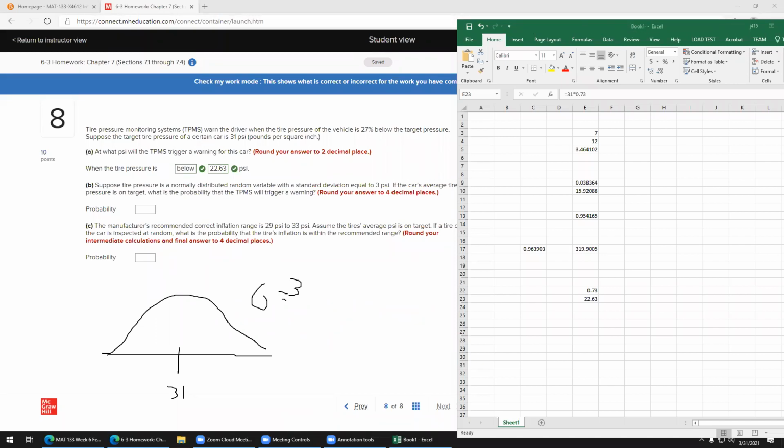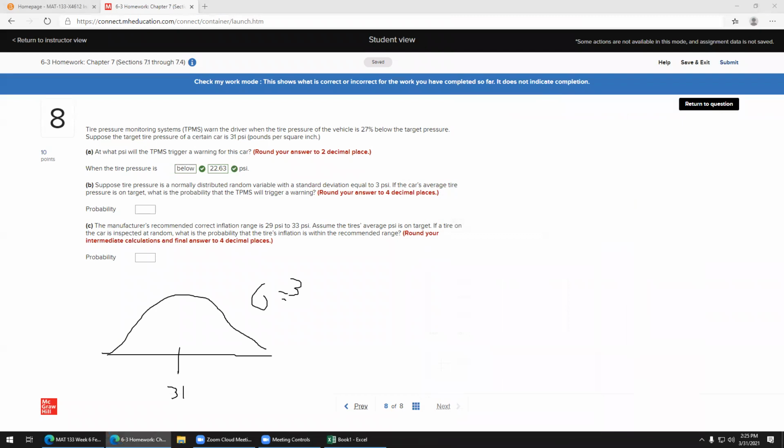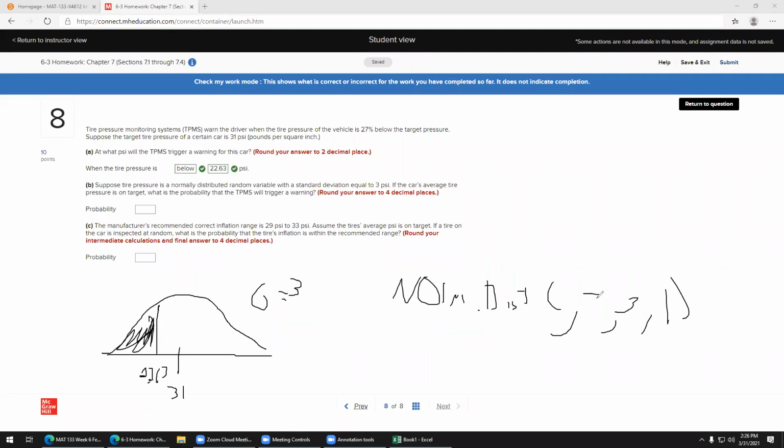Shrink down my Excel here for a minute. So what is the probability that I'm down here at 22.63, right, or less? So again, go to Excel, do norm dist, and put in your values. Remember, there's a 1 in this one. So put in your standard deviation, put in your mean, put in your X. And then you'll have your answer.